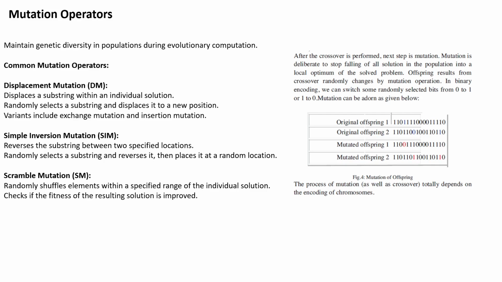In binary encoding, we can switch some randomly selected bits from 0 to 1 or 1 to 0. Here is the example given. Your original offspring 1 has 1 in the fourth place, and your mutated offspring just changes that 1 to 0. Same with your original offspring 2: you have a 0 here, which is mutated to 1.